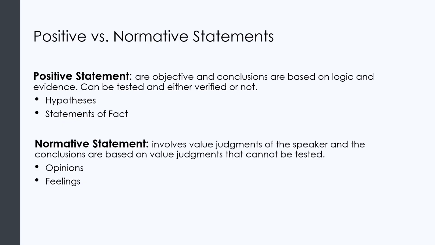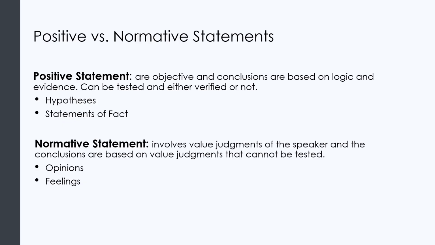Conclusions in positive statements are based on logic and evidence, and we can try them out to see if they hold true. So they're objective in the sense that they are testable. So hypotheses are testable positive statements, and facts are testable positive statements.